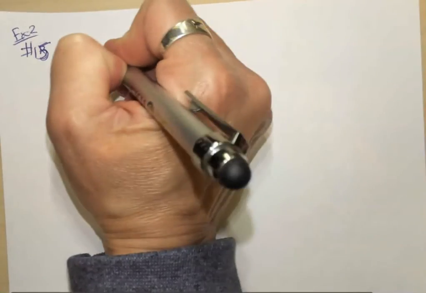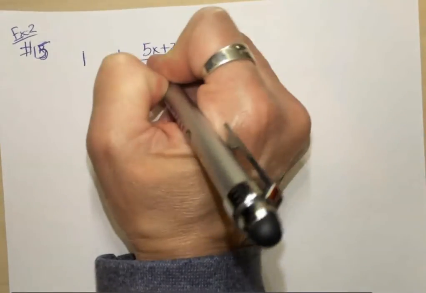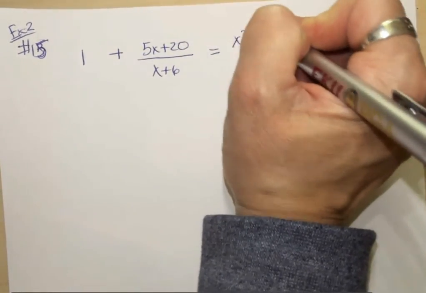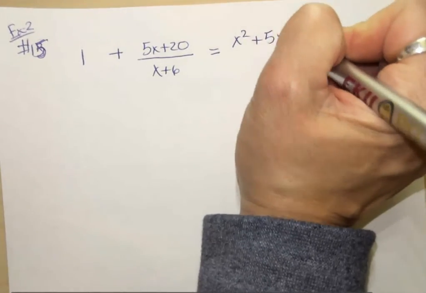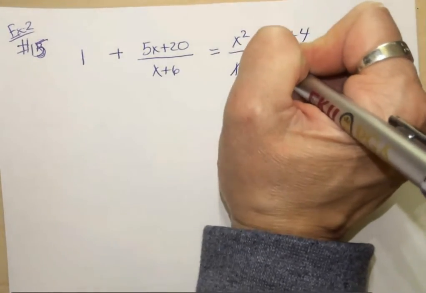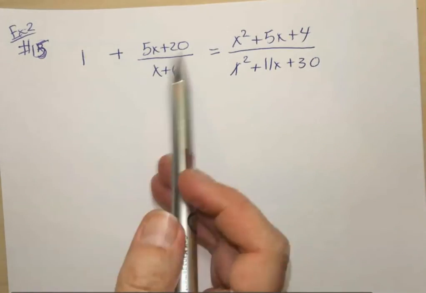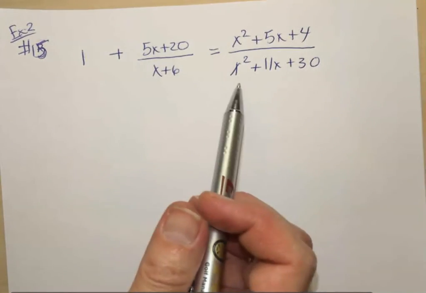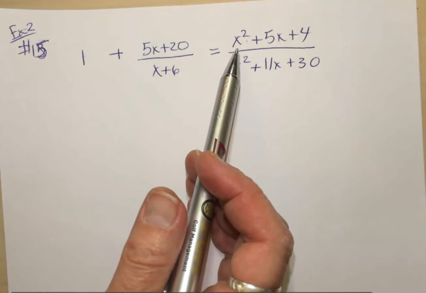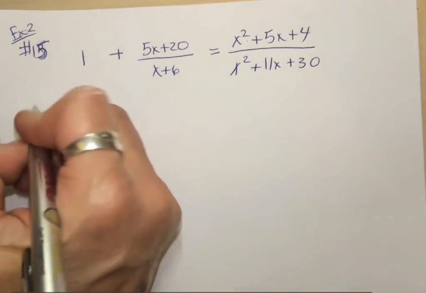We have 1 plus (5x plus 20) over (x plus 6), and that's going to equal (x squared plus 5x plus 4) over (x squared plus 11x plus 30).